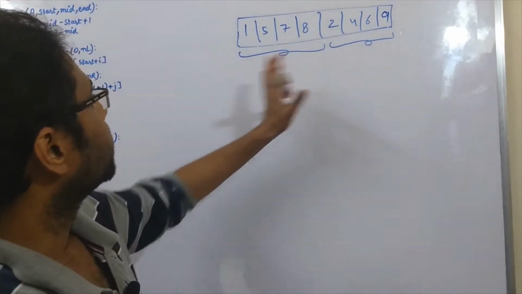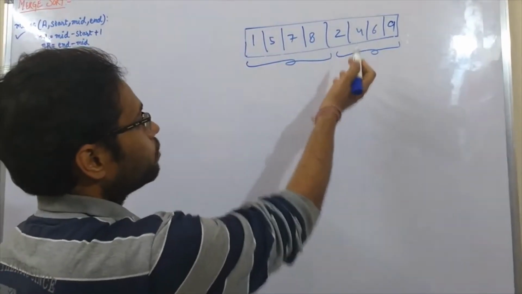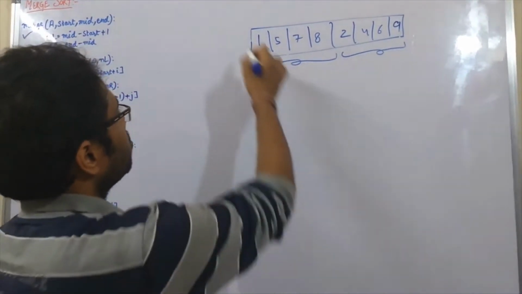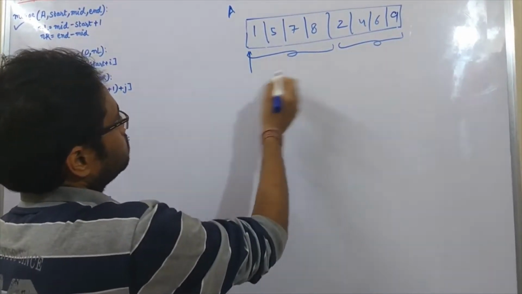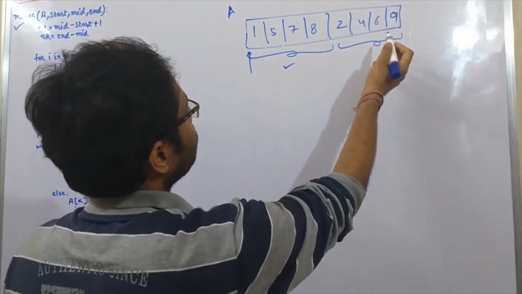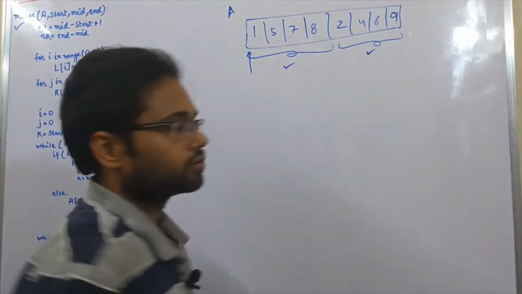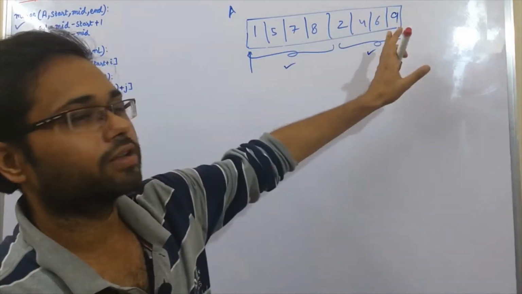So this array contains two parts, 1, 5, 7, 8 and 2, 4, 6, 9. Let us assume this is an array A. It contains two parts: 1, 5, 7, 8 that is already sorted, and another part 2, 4, 6, 9 that is also already sorted.